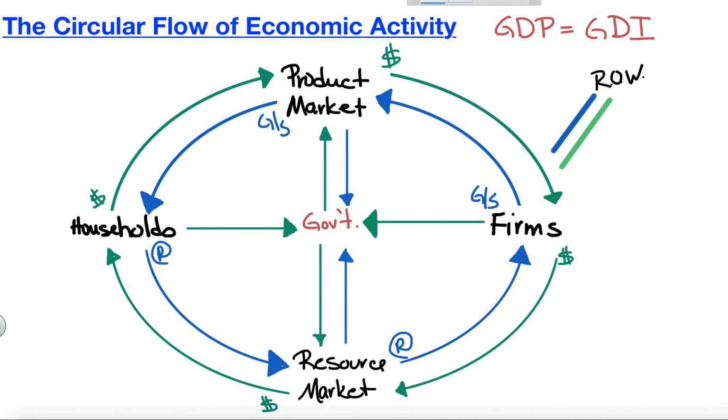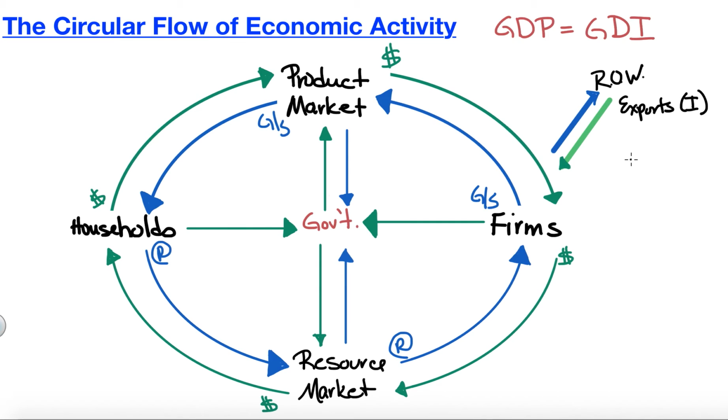So that means that we have both product leaving the United States, and we are exchanging that for money coming into the United States. Okay, so when we have money coming into the United States, these are our exports, and this is what we call an injection into the circular flow model. By following the money, we can see that money is coming into the United States.